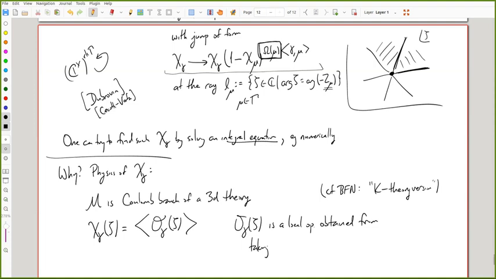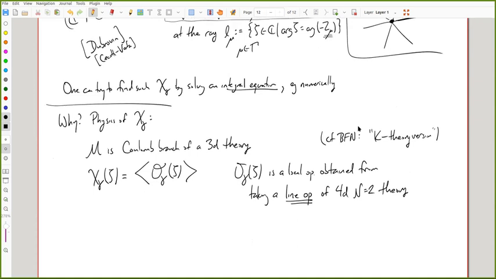So you could ask, where does the local operator come from? And where it comes from in the 4-dimensional theory is actually a line operator. So it comes from a line operator of the 4D n equals 2 theory, wrapped around the circle.